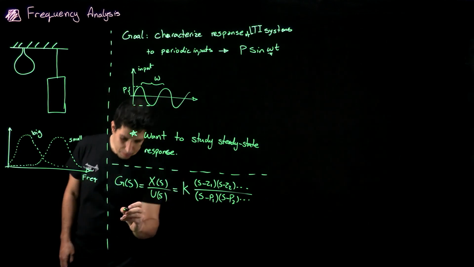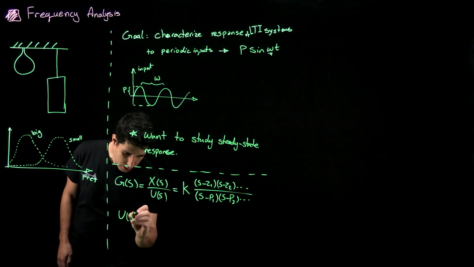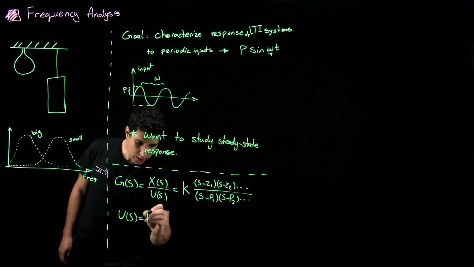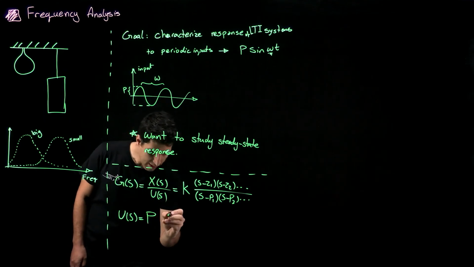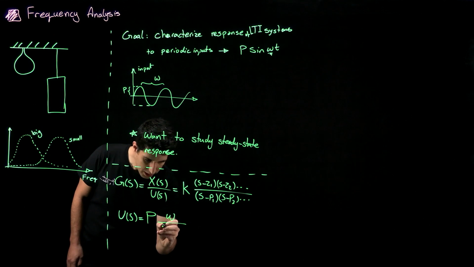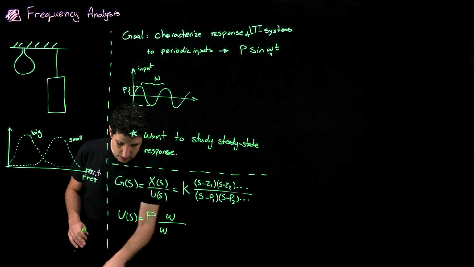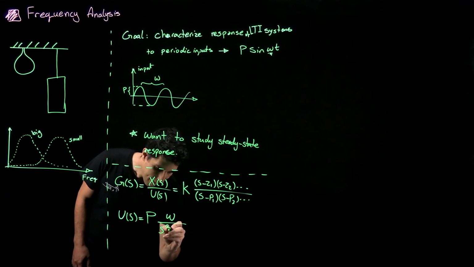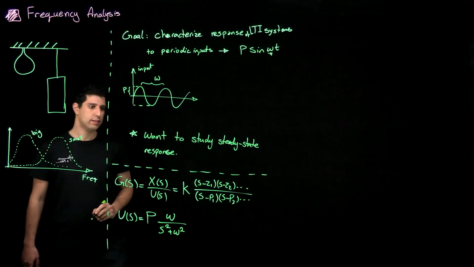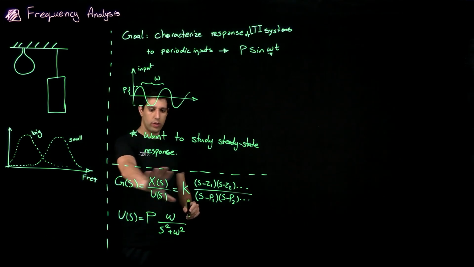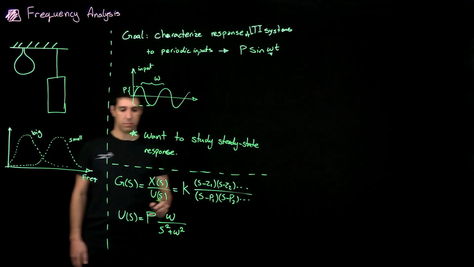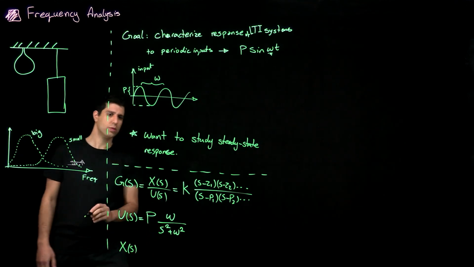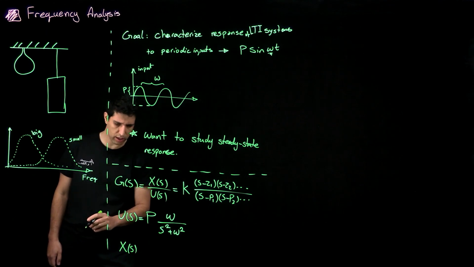and the input, I mentioned the input to the system is sinusoidal, so it is going to be P sine omega t, and if I take the Laplace transform of that, P omega over s squared plus omega squared. So if we have this, my input, excuse me, why do I have x? I don't know.